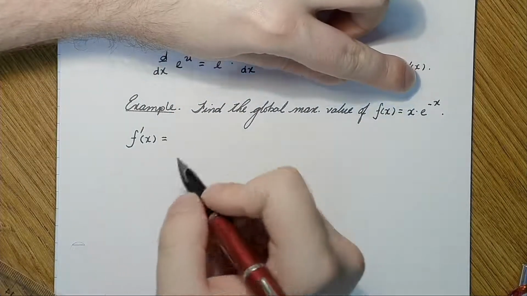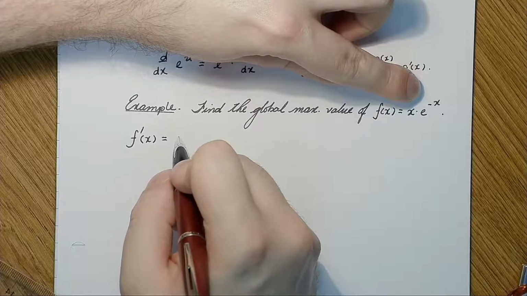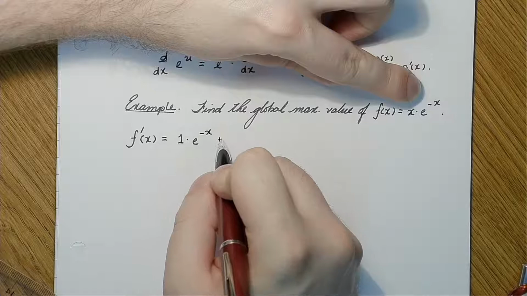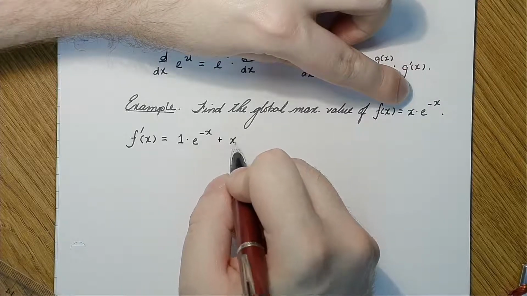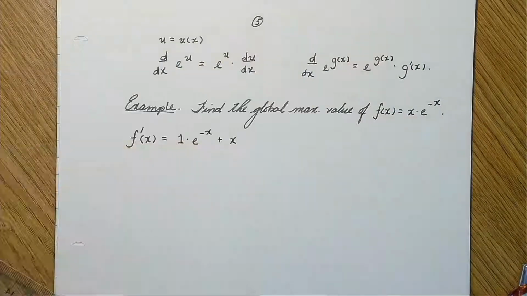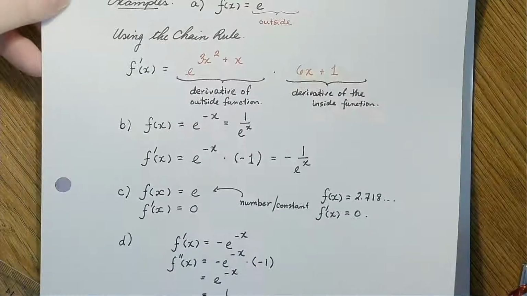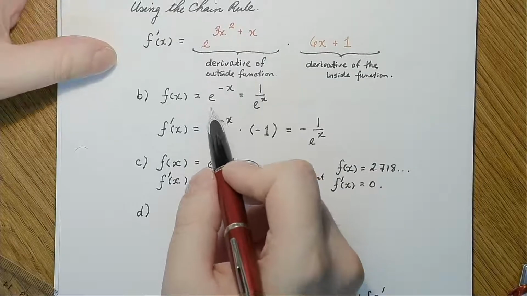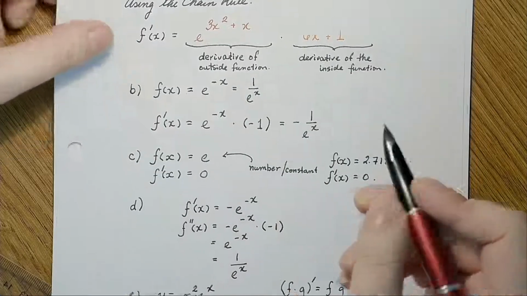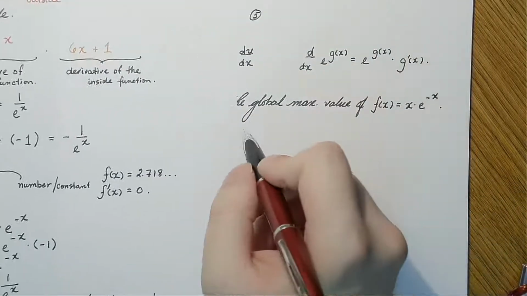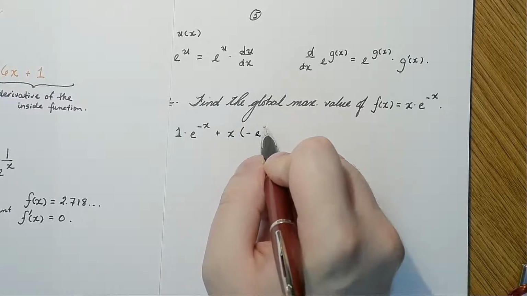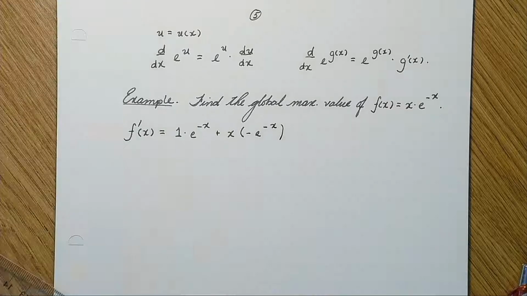The derivative of x is just 1 times e to the minus x, plus, I don't touch the first function, times the derivative of the second function. Because I've already done it, I'm going to rewrite it like that: minus e to the minus x.